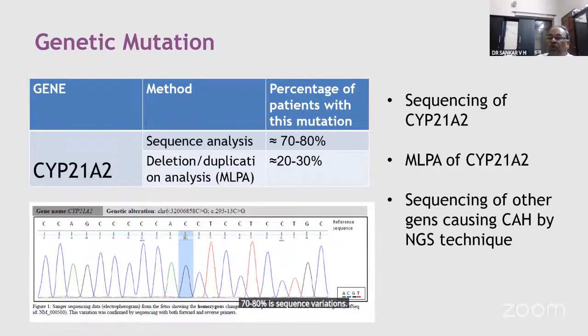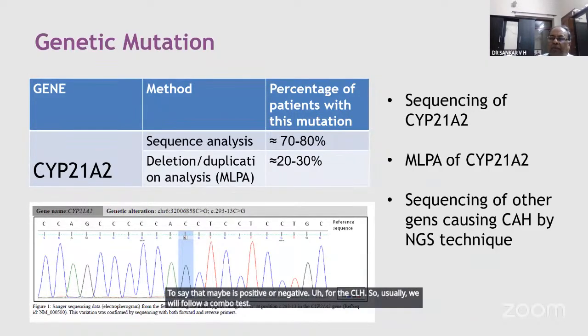So you have to do both the tests. You have to do the sequencing of the CYP21A2 as well as MLPA of the CYP21A2 to say that the baby is positive or negative for CAH. So usually we follow a combo test of MLPA plus sequencing of the CYP21A2.